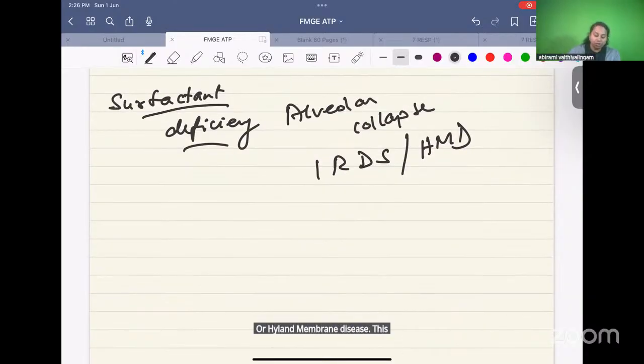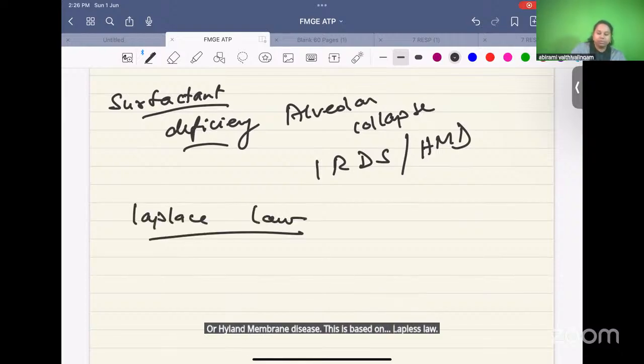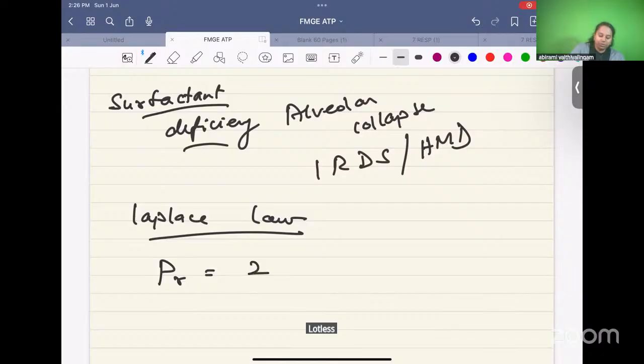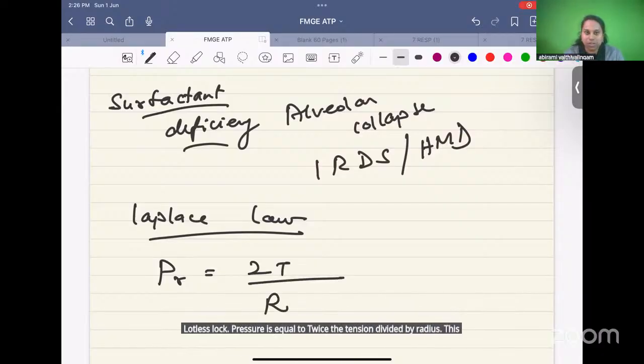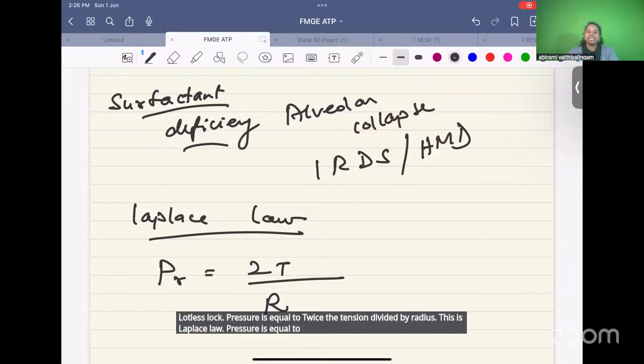This is based on Laplace law. So the law which relates to surface tension and surfactant is Laplace law. Pressure is equal to twice the tension divided by radius.